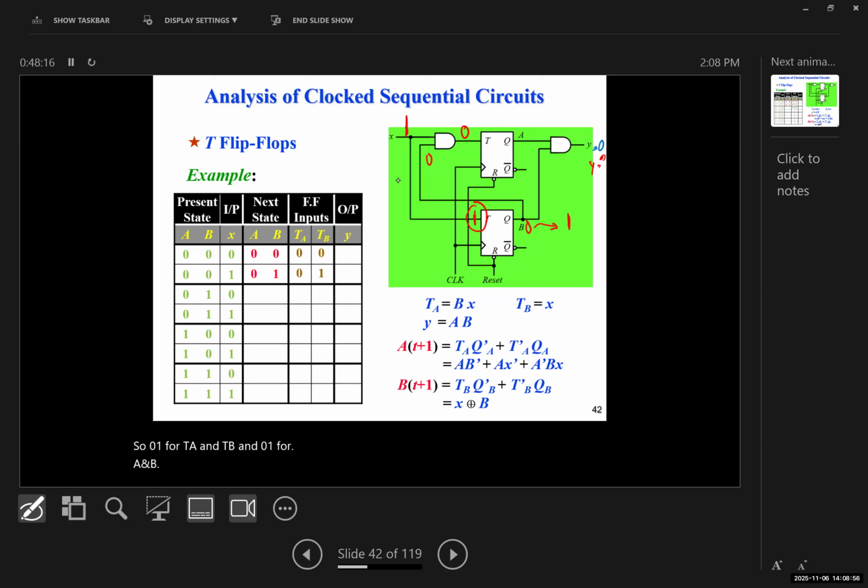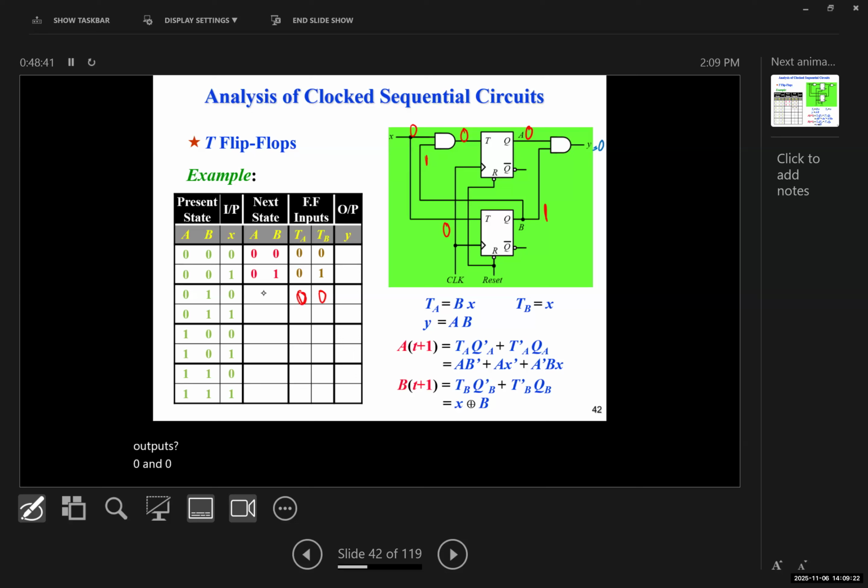Now for the third row, A is 0, B is 1, and X is 0. So if X is 0, this output of the AND gate would be 0, regardless of the other one, which is 1. And this is equal to 0. 0 and 0, what happens to the outputs? 0 and 0.